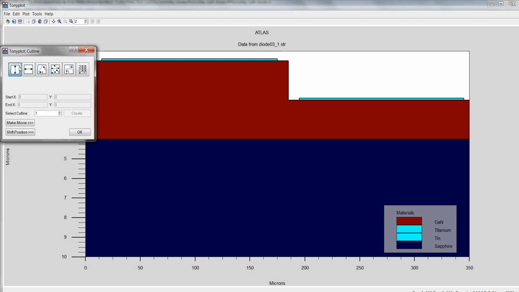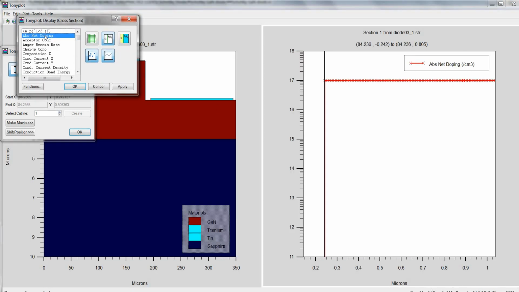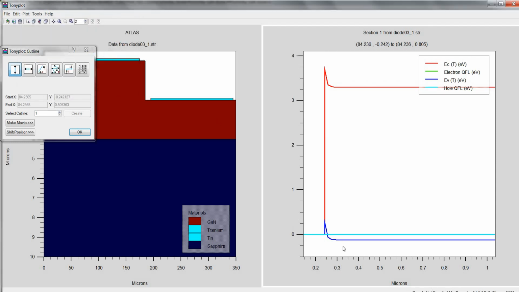Here is the structure under thermal equilibrium. And since this is a p-type semiconductor, we are interested in the behavior of holes across this junction.